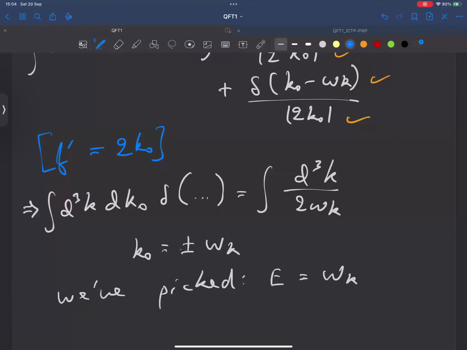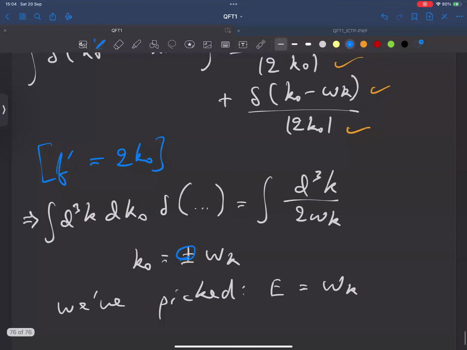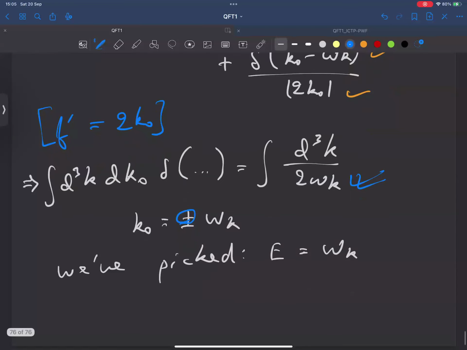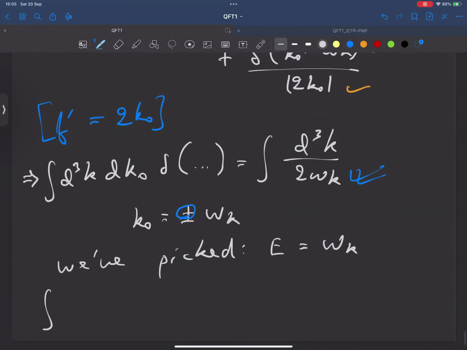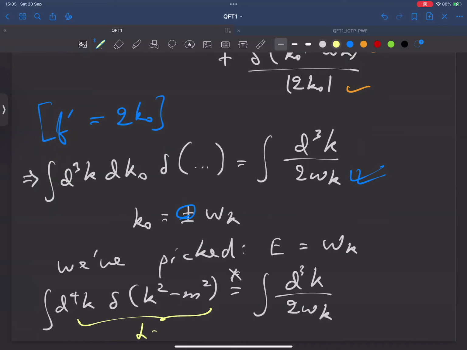So this means we will pick the plus root here, and that would imply that you indeed get this part. So that means this quantity that we got, d4k, k square minus m square, and by all these arguments that we did, we finally ended up with this integral. And since to start with, this was Lorentz invariant, we ended up with something that has to be Lorentz invariant.